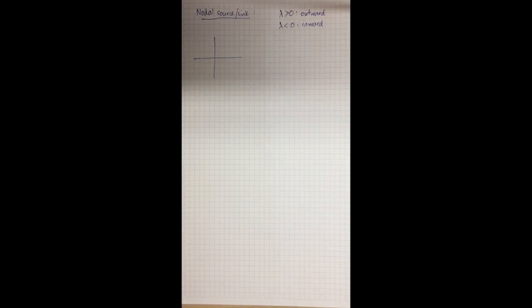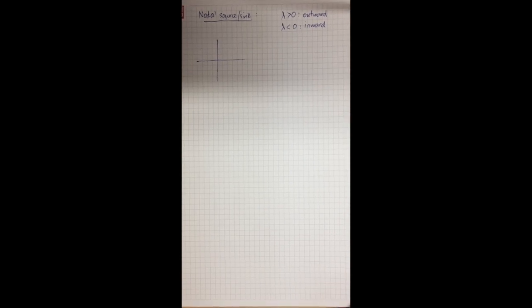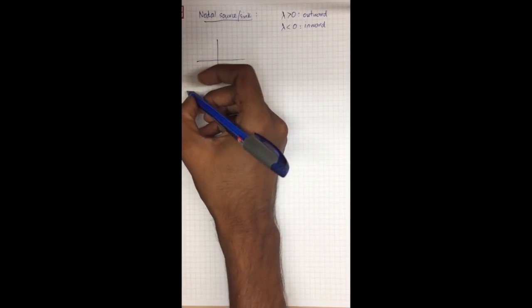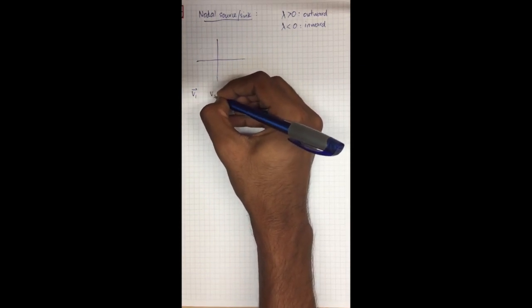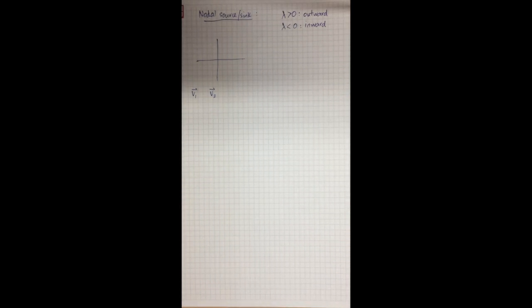Okay, so using eigenvalues and eigenvectors, we are going to see how it's going to differ. Let's say my first eigenvector is v1 and my second eigenvector is v2.